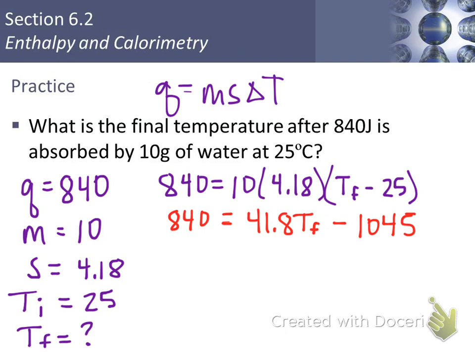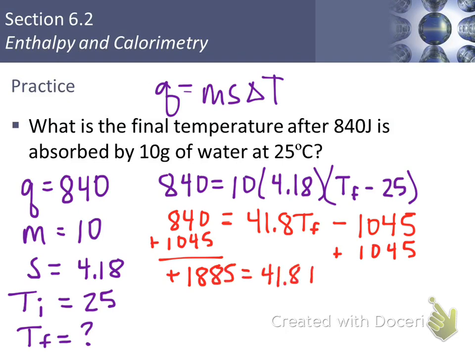Okay, from there, what can I do? Add over my 1045, right? I'm going to combine my like terms. I get positive 1885 equals 41.8 TF. And then what can I do?